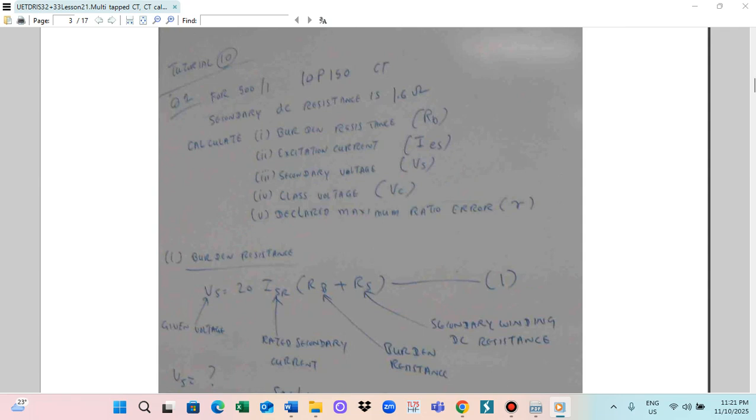Okay, firstly we have to calculate the burden resistance. The secondary burden resistance RB is equal to reference voltage divided by 20 times rated secondary current.